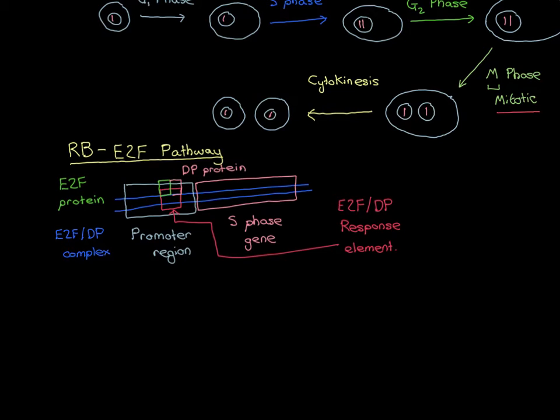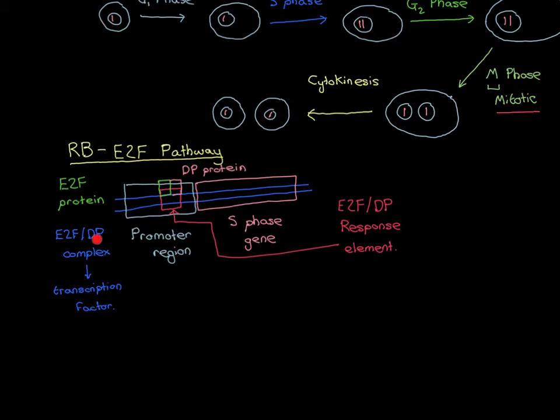Okay, so what does the E2F DP complex do? Well, it is of course a transcription factor, and it increases the chance that the downstream gene is going to be expressed. So let's summarize what we've seen so far. We have seen that there is this transcription factor complex, the E2F DP complex, which is composed of two proteins, an E2F protein and a DP protein.